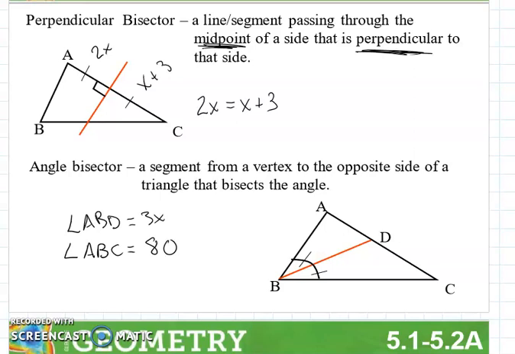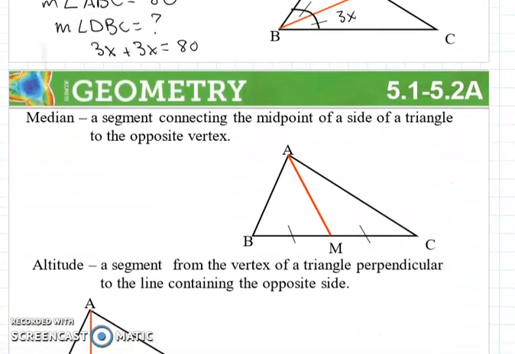And I asked you to find the measure of angle DBC. Then you'd say, okay, this one's 3x, this one's 3x, the whole thing is 80. So you'd go 3x plus 3x equals 80, or 2 times 3x.